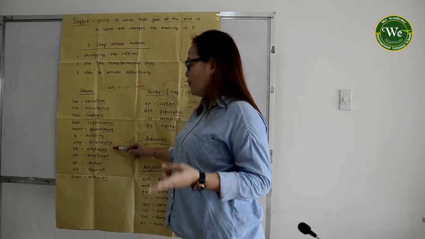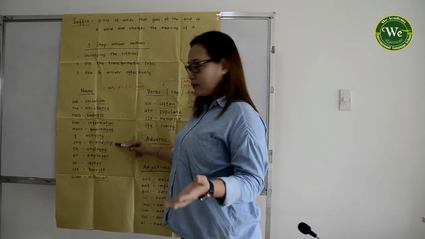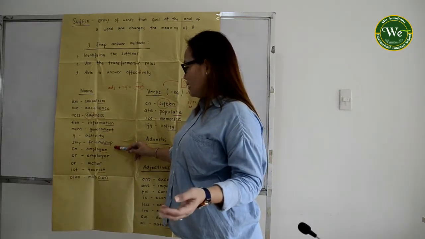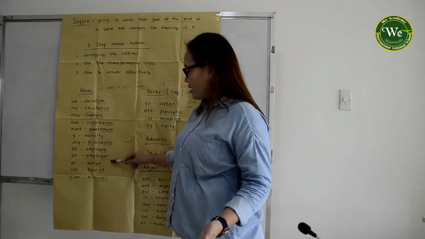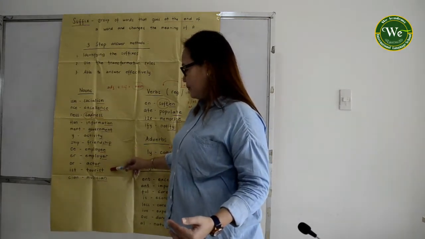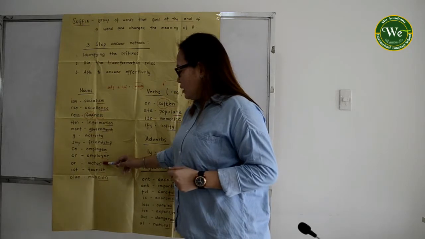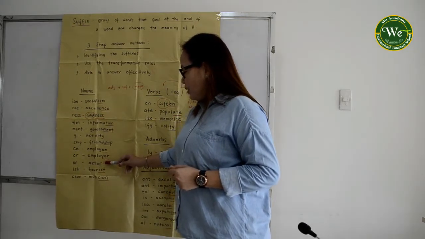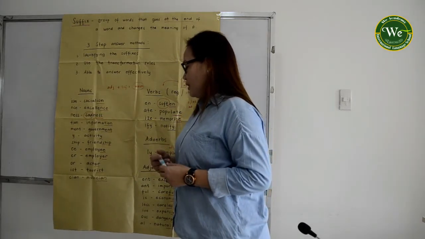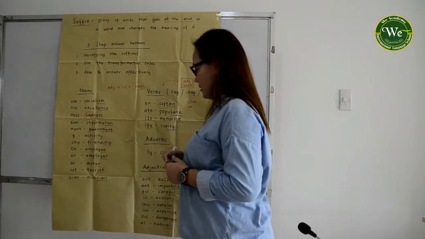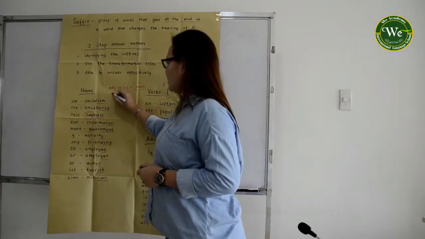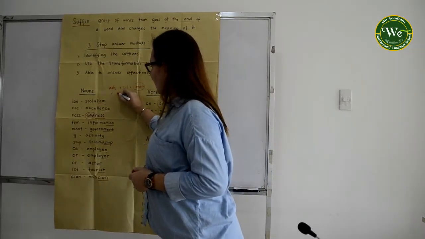You have here the two forms, employee, of course, you do know what employee is, and employer. Then you have here actor, tourist. Usually with this one, I want to give you very specific information. For the word act, that is actually a verb.